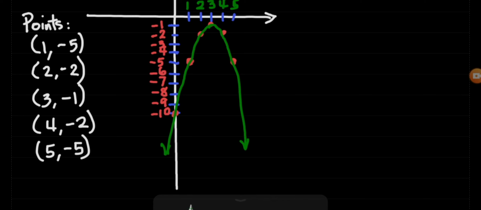The parabola opens downward because the value of a is negative.